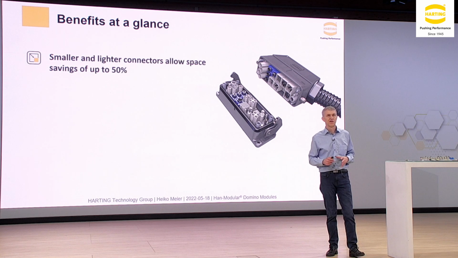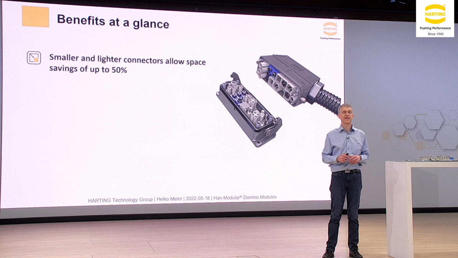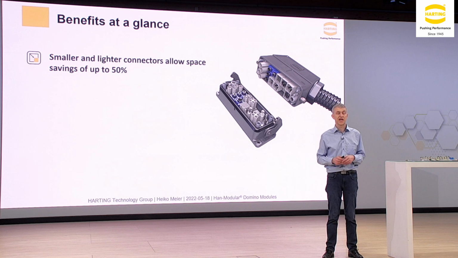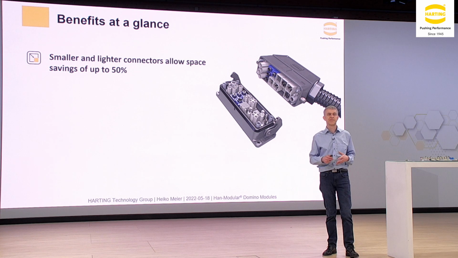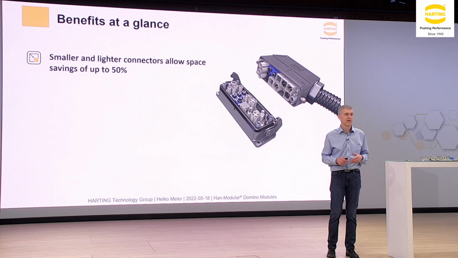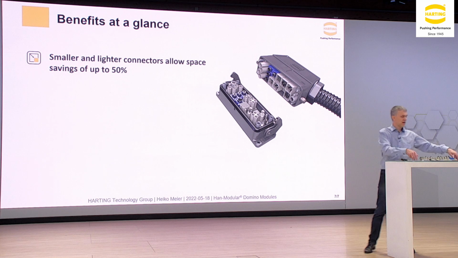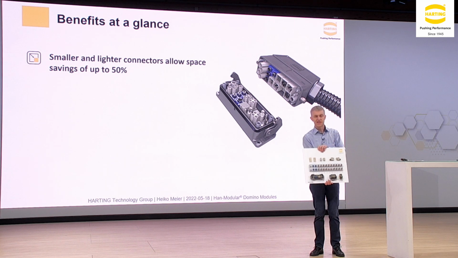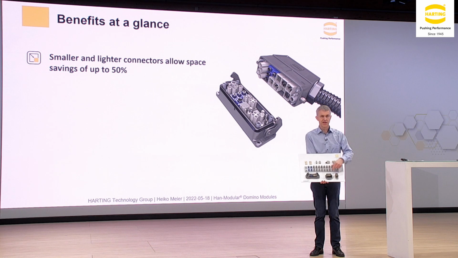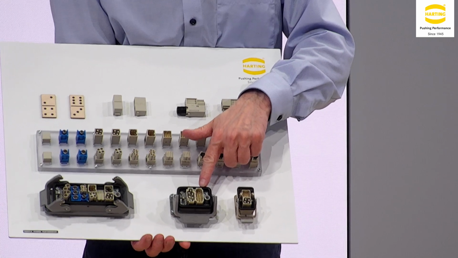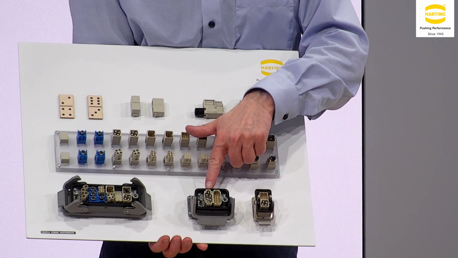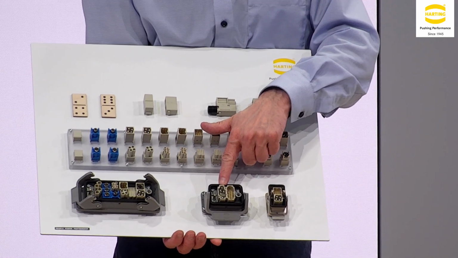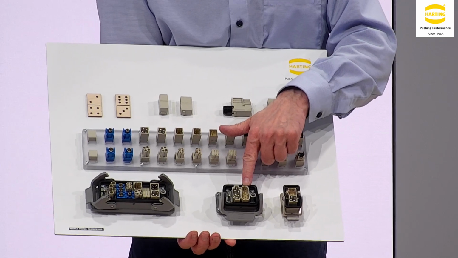Of course, the most important benefit is probably to save space. And therefore, of course, if you can save space, you can save costs. For example, I will show you here how it can be done. If you see here a traditional connector, this is a Han-Modular size 6B with one power module and another signal module.